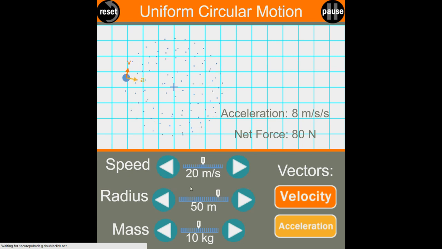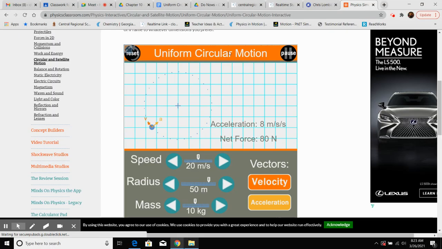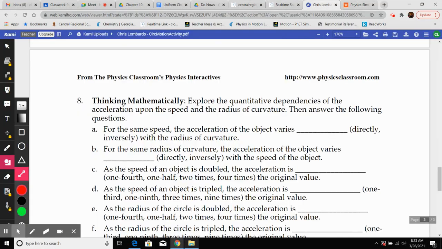As one goes up, the other goes down. So that is what kind of proportion or relationship? Inverse. Directly would mean whatever happens to one happens to the other, which is not happening here.